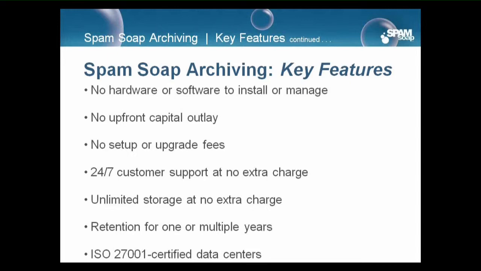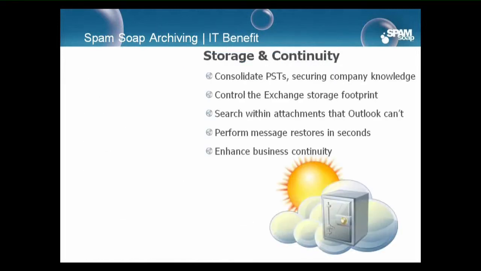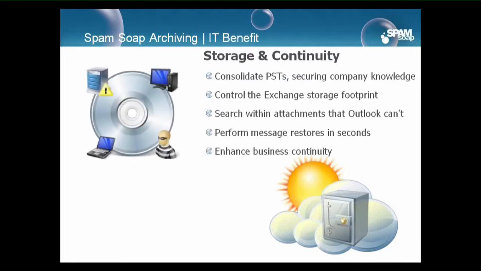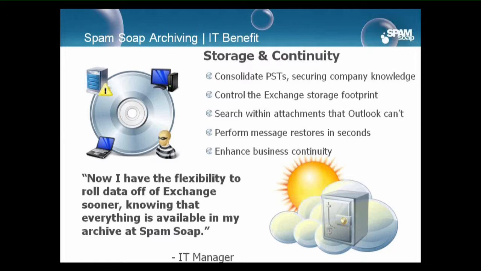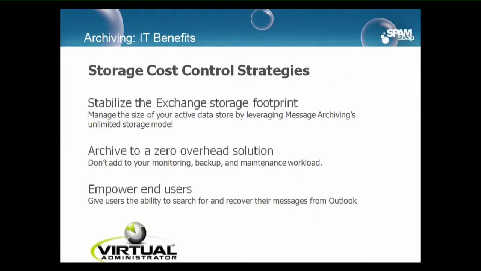You're able to really quickly go over the architecture with the customer and comfort them that they've got a solution that has the redundancies in place, and again, it's tamper-proof. So once an email is archived, it can't be adjusted or messed with in any way. And then there's certain IT benefits, obviously, the consolidation of PSTs and not having to worry about the ongoing storage of the messages.